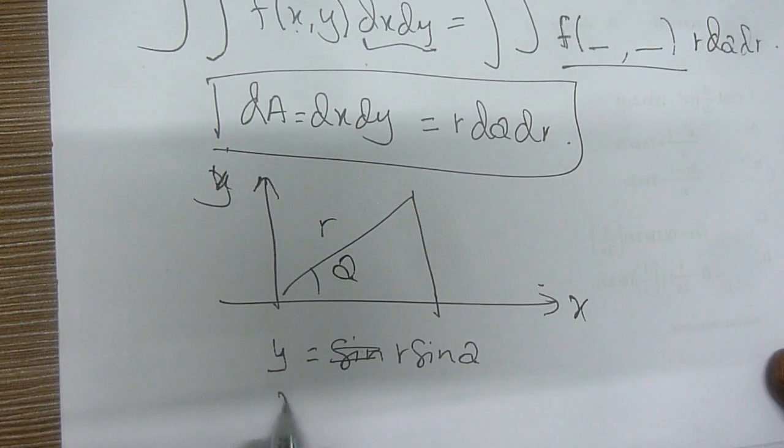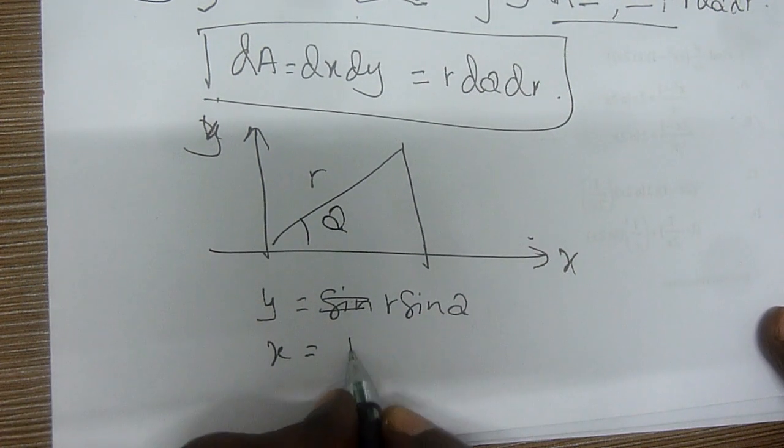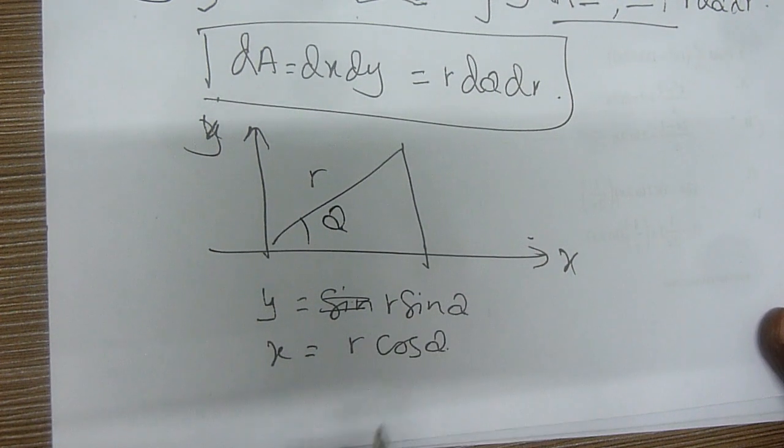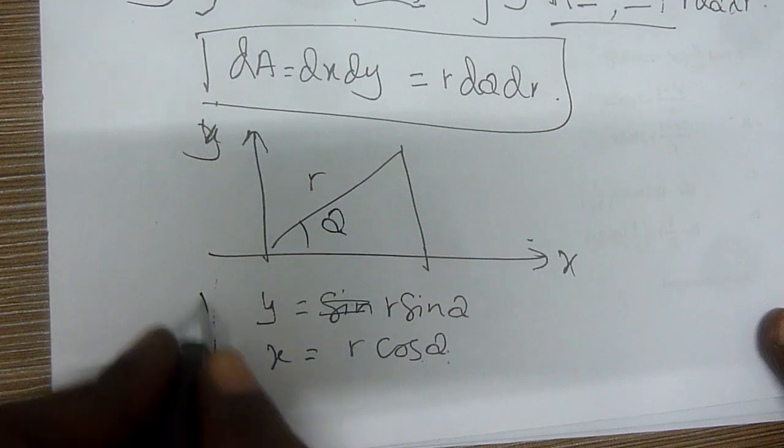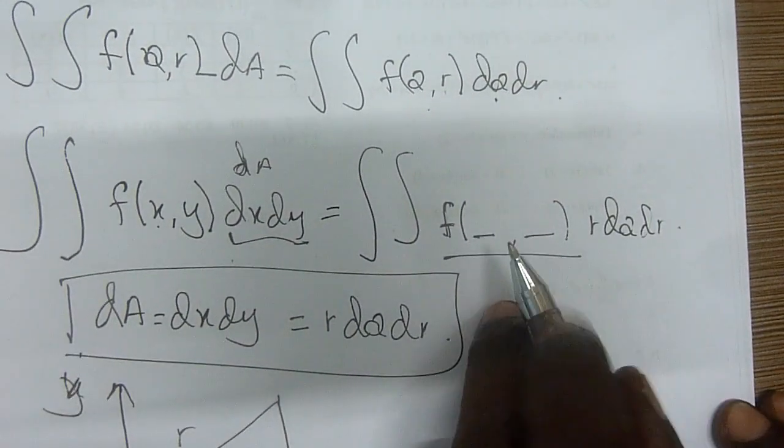And what about the x? How do we refer to the x? X is referred to as r cos theta. When we refer to r cos theta, this is the convention. Now you can place it here.